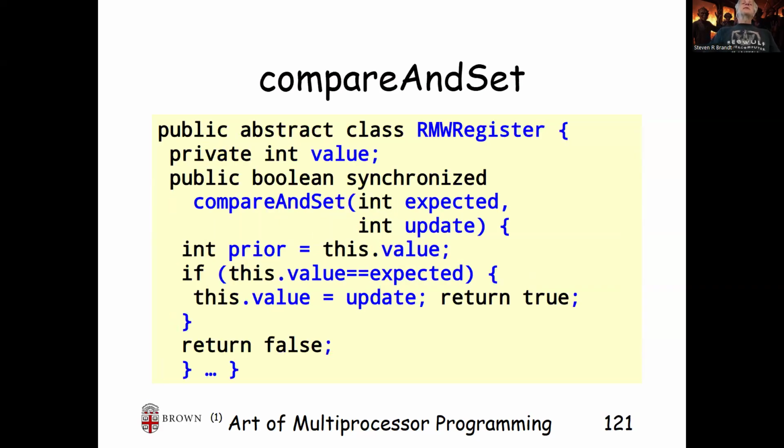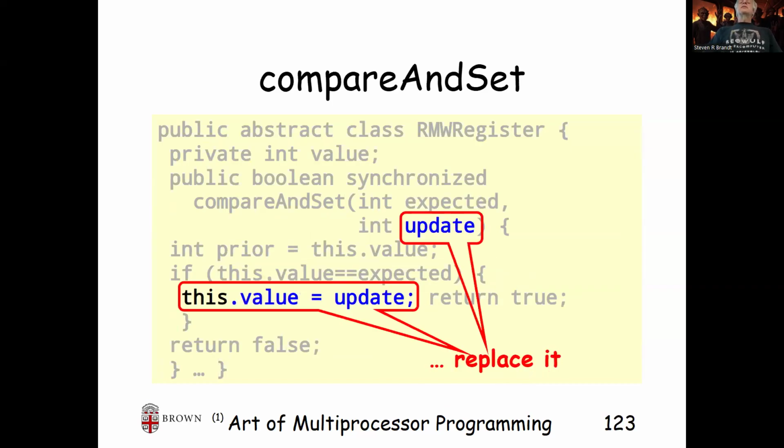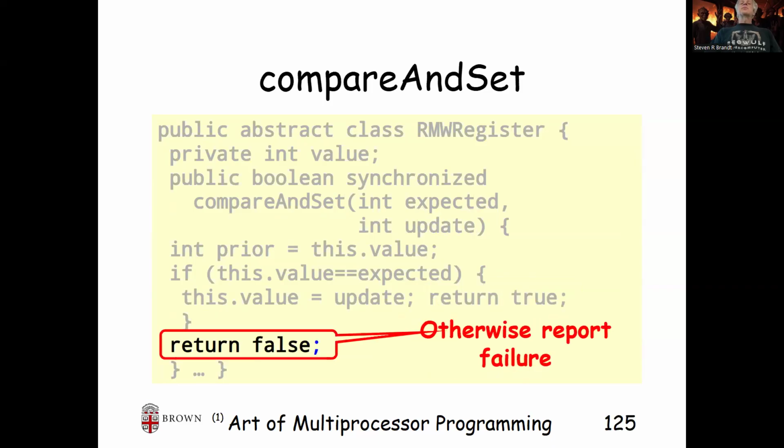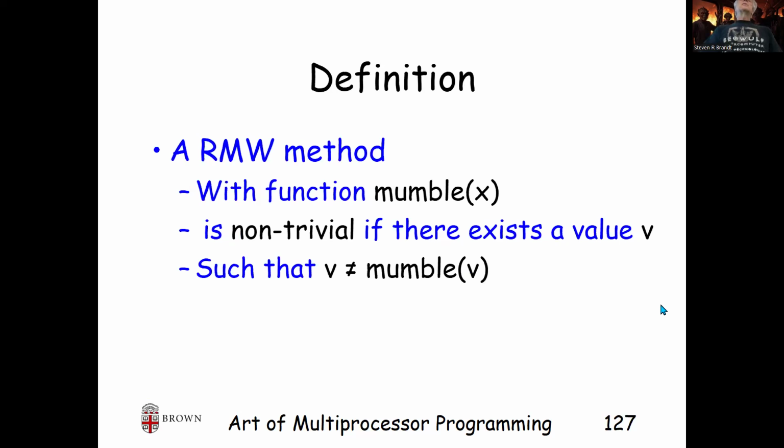And then we have compare and set, which is going to say if we have the expected value, then we update it to the updated value and return true. Otherwise, we return false. And so the read-modify-write looks kind of like this code here with something special in place of mumble. A read-modify-write method with a function mumble is non-trivial if there exists a v such that v does not equal mumble of v.